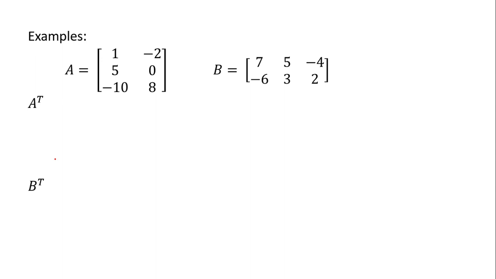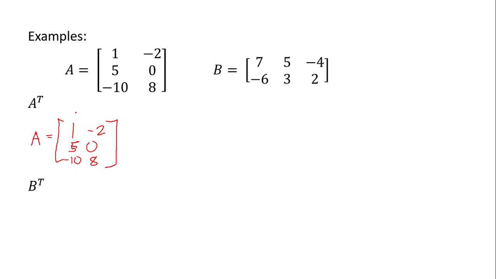So, we have matrix A and B and we need to find the transpose of A and transpose of B. Okay? So, sulat ko lang dito yung matrix A natin. So, matrix A is 1, negative 2, 5, 5 and 0, negative 10, and 8. Okay?